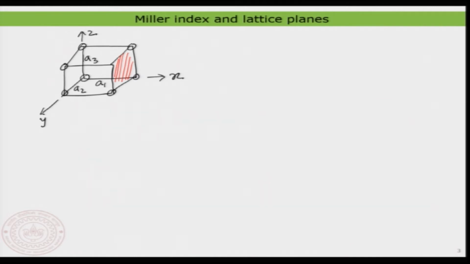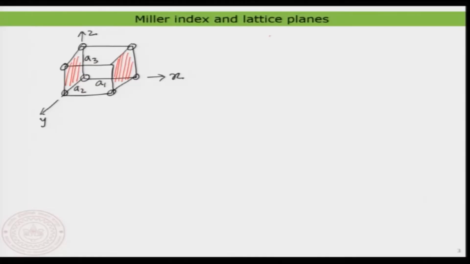So, along the x axis, you can see that this plane is the same on both sides, and if you continue growing the cell along the x, y and z direction, you are going to meet these planes parallel to each other in equal intervals of A1, then 2A1, then 3A1, then 4A1 and so on, right.